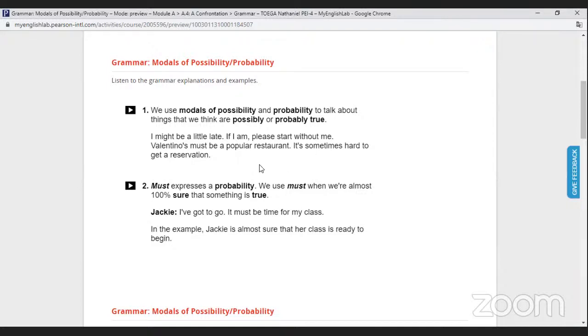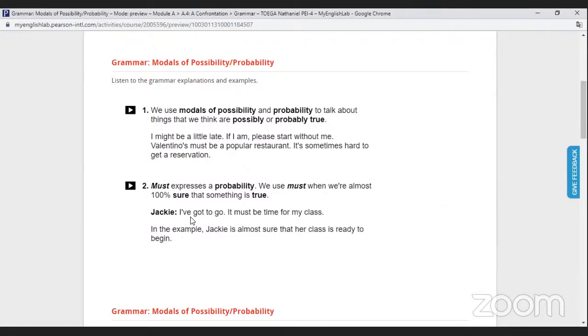It's sometimes hard to get a reservation. Okay, so in this example, which are the modals? Might and must. Exactly, right? Excellent. With this you can show these ones, right? Possibility and probability that can happen according to the context.